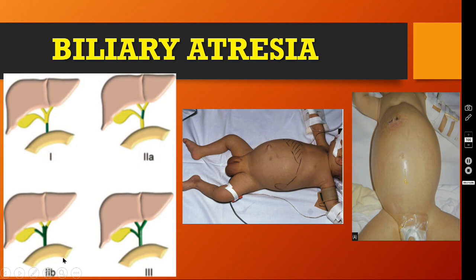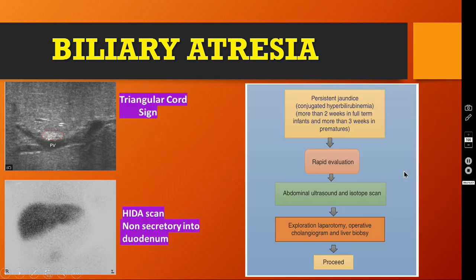This is 2A. In 2B, the proximal parts, right and left, are patent and the distal parts are atretic. Here everything is atretic. This is type 3, which has the worst prognosis. Here you are seeing a late case with cirrhosis of the liver, and in a very advanced case, you can even see these babies with ascites.